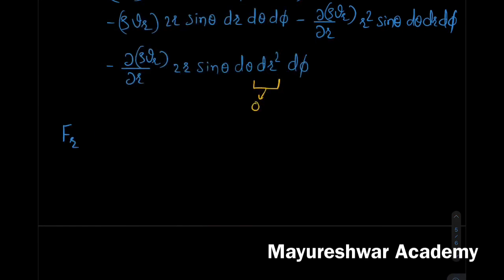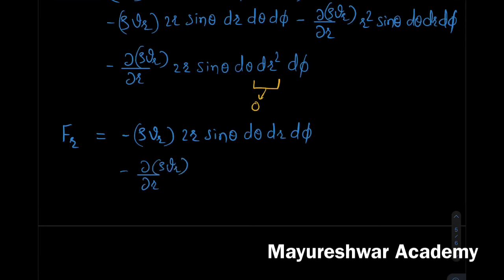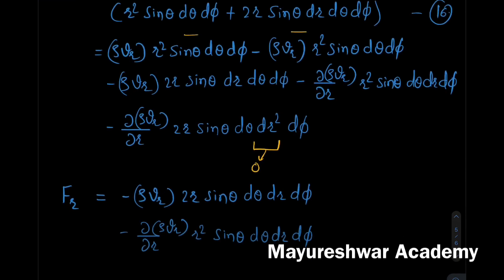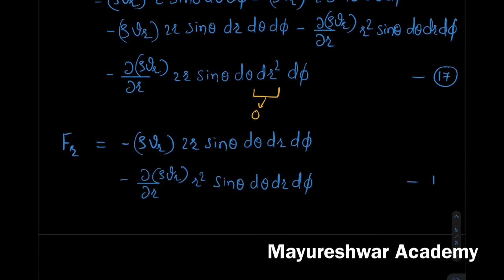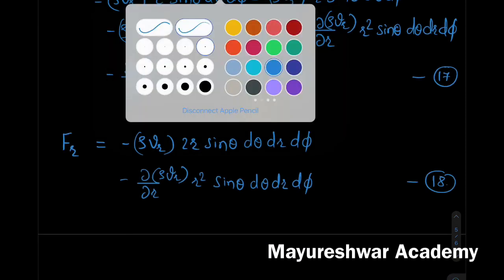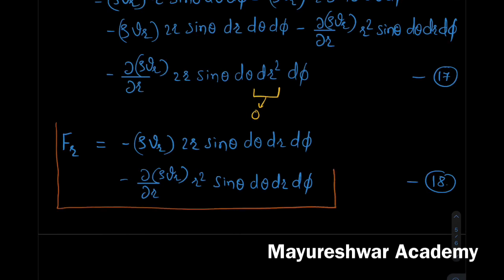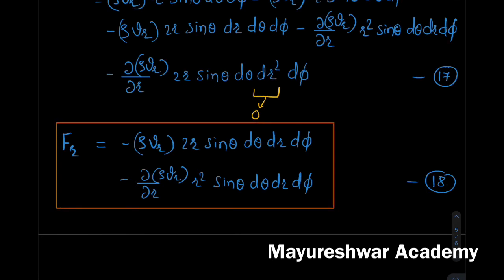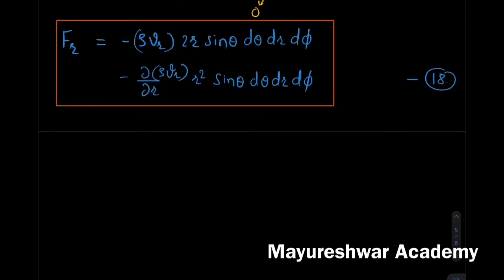The flux along the radial direction is negative rho vr into 2r sine theta d theta dr d phi minus partial over partial r of rho vr r squared sine theta d theta dr d phi. That completes our formulation of flux along the radial direction. Let us highlight this.